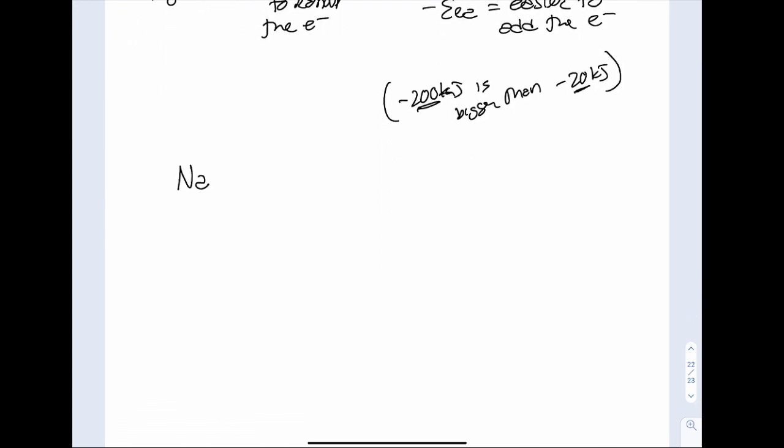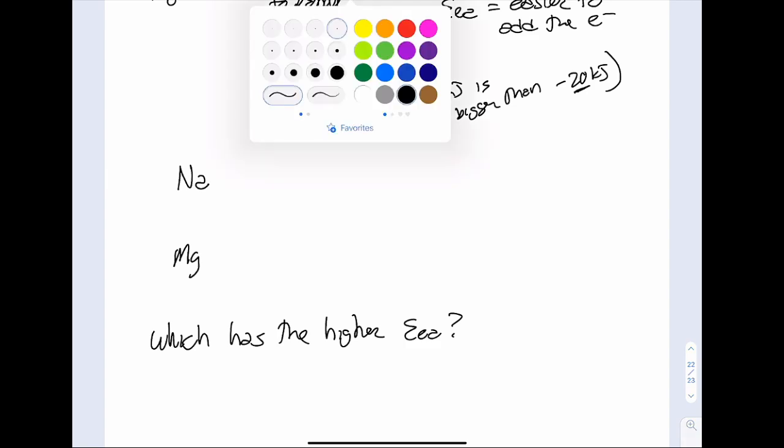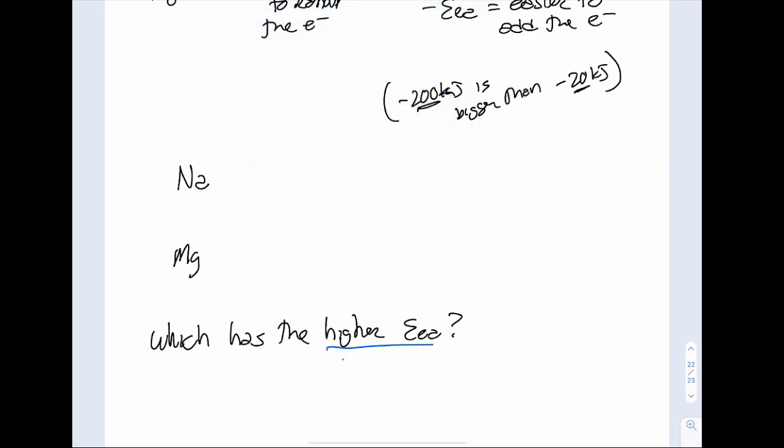Sodium to magnesium. So our question, which has the higher electron affinity energy, sodium or magnesium? And then just be really careful. Higher means easier to add the electron. And I would almost write this on tests and quizzes.